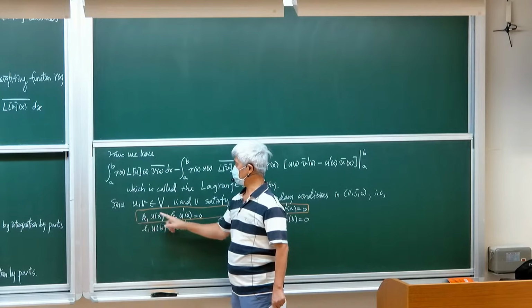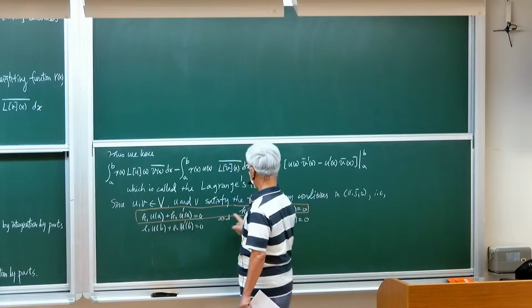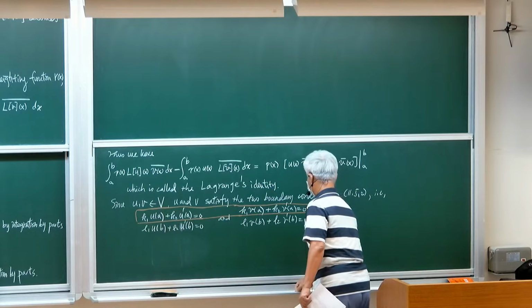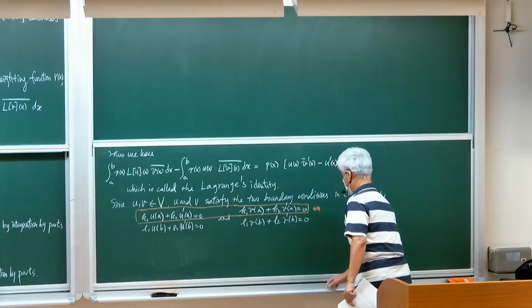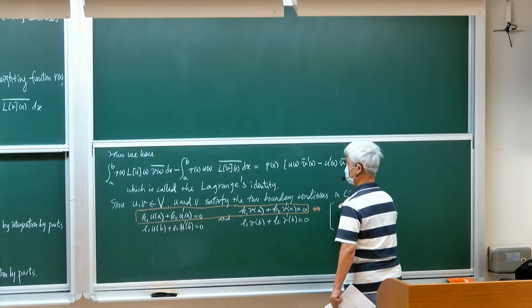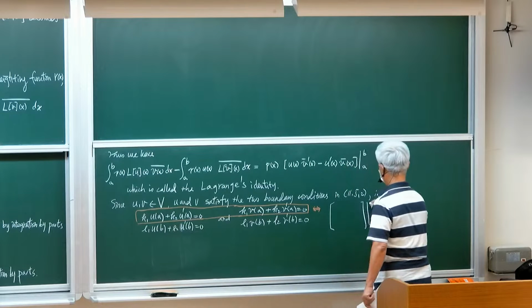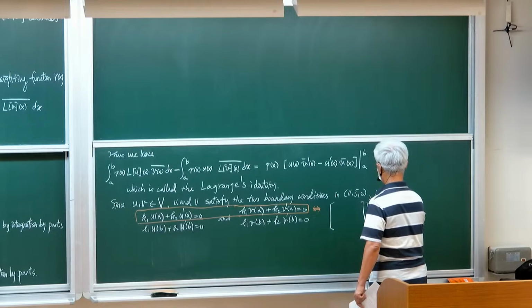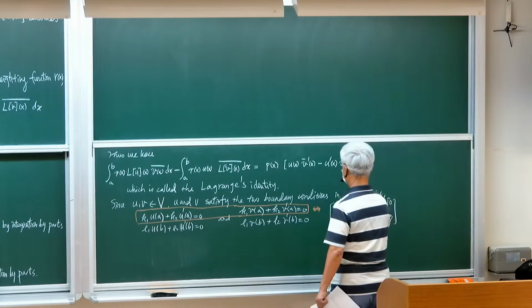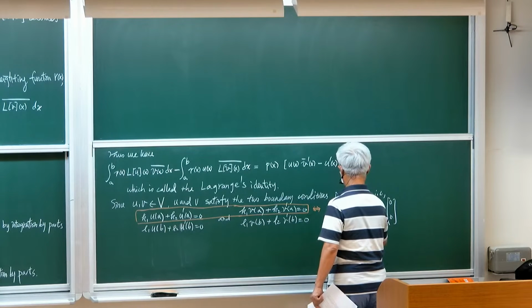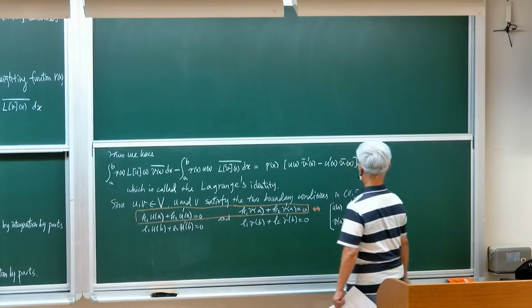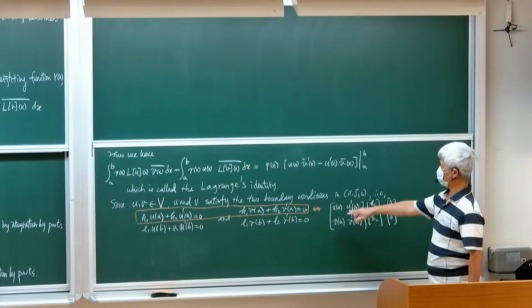So at least one of them is non-zero. So they can be rewritten here: the matrix with rows U(A), U prime(A) and V(A), V prime(A), times K1, K2, equals 0.